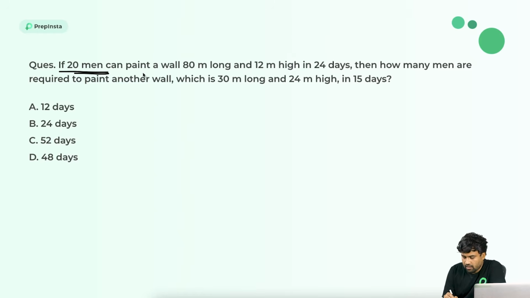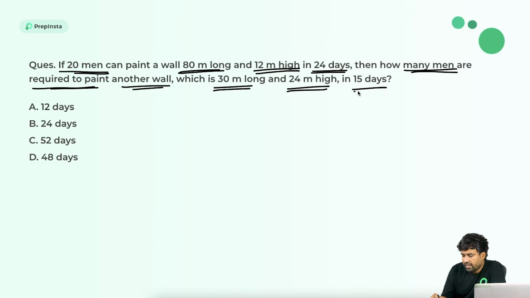If 20 men paint a wall 80 meters long and 12 meters high in 24 days, how many men are required to paint another wall which is 30 meters long and 24 meters high in 15 days? So here the problem is related to a group of people.